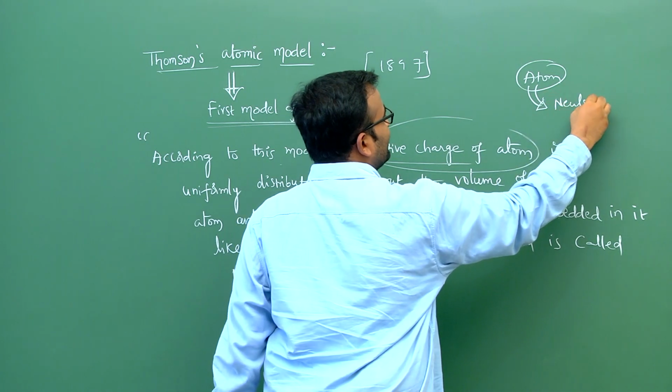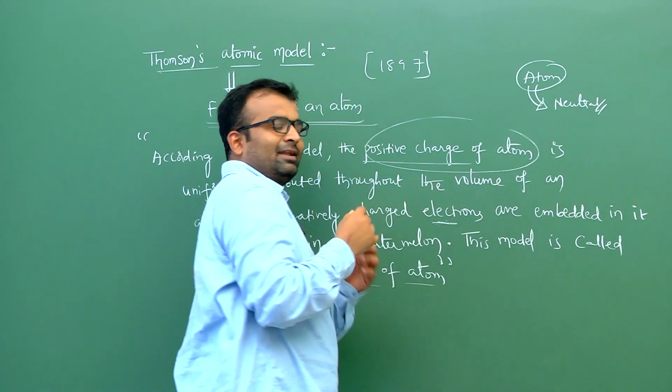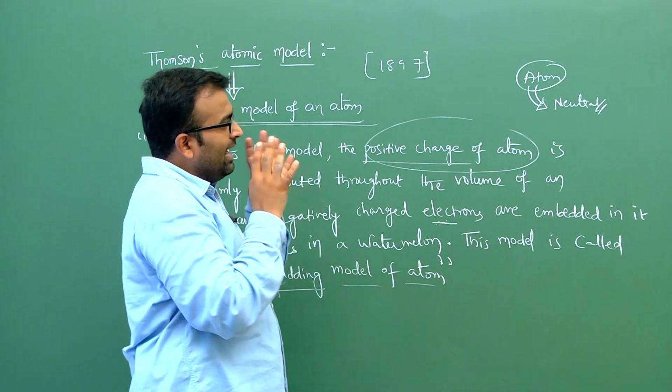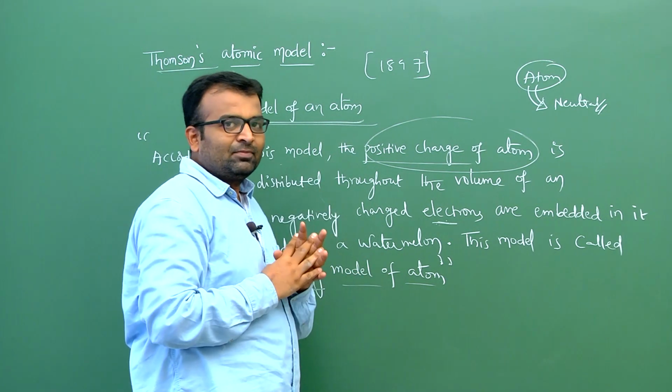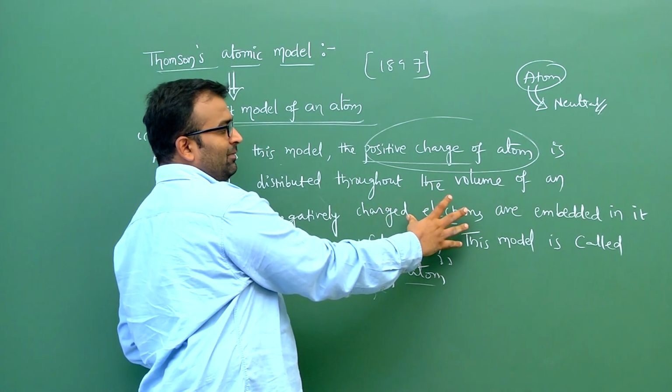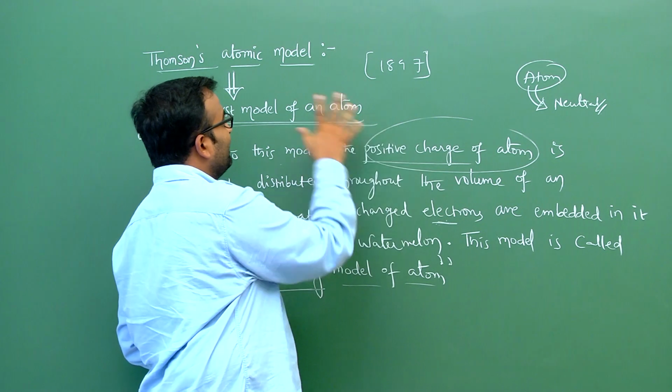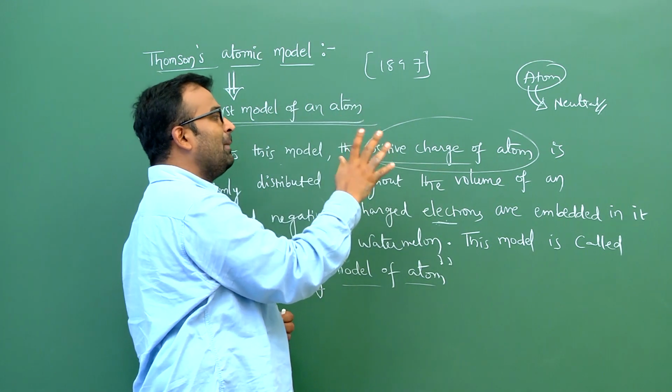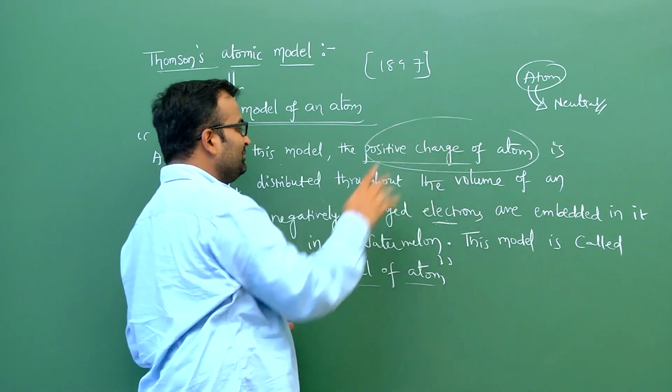So basically, electrostatically, no atom carries any charge. The atom is basically neutral in charge. So as to balance the negativity offered by electrons, he said that there will be positive charge within the atom.